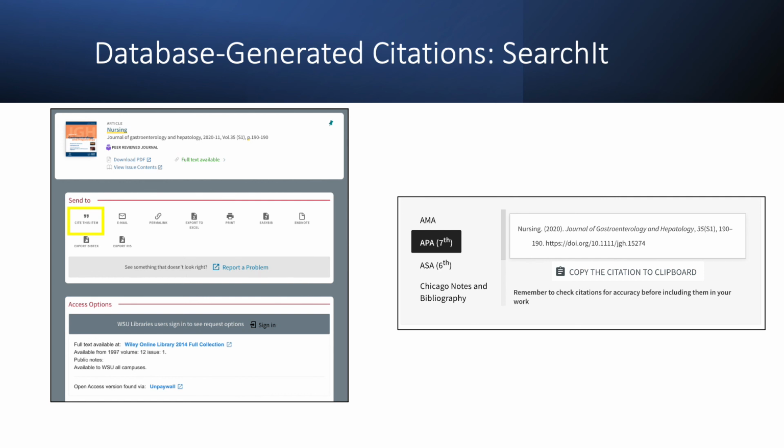So if you find an article, you're looking at the information about the article, then click Cite This Item, select APA 7th edition, and take a look at that citation. Now, there's a big caveat here. They will only be as good in these citations as the information that was put into the system.